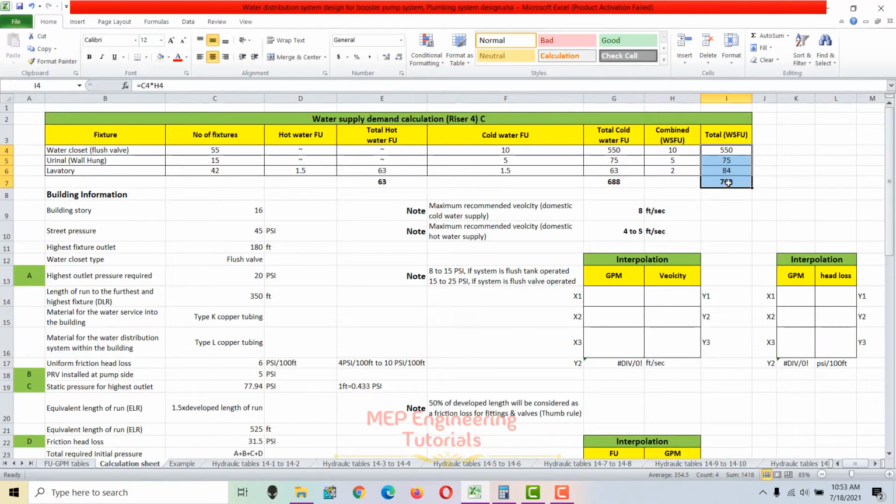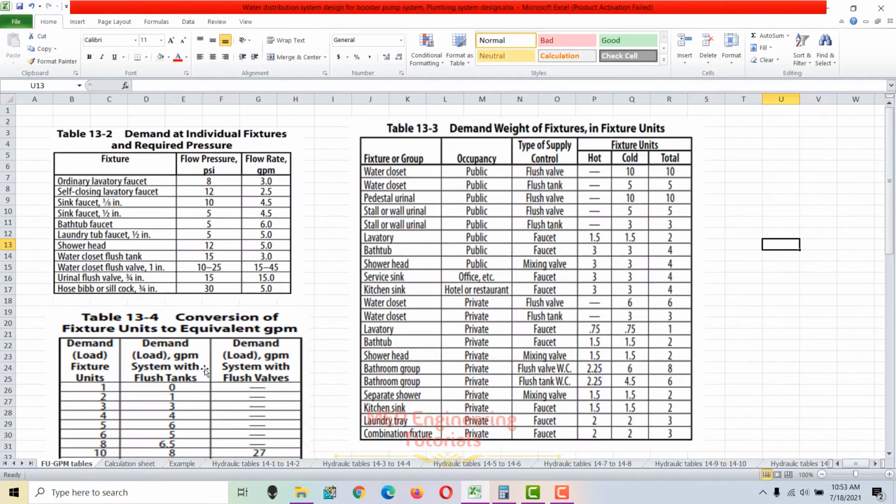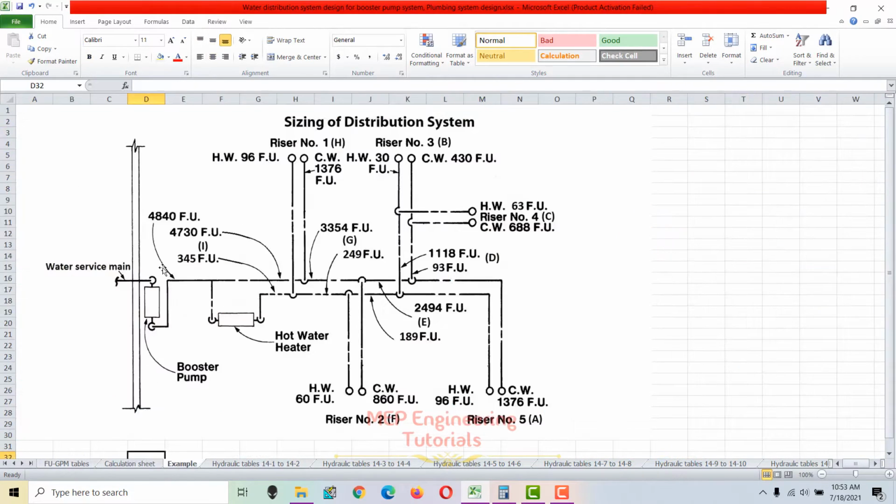This is only for riser 4. You need to calculate for every riser and sum up, and write in here, that it is 4840 fixture units. So you need to size this piping and water service main based on this total water supply fixture unit value, that is 4840 fixture units.